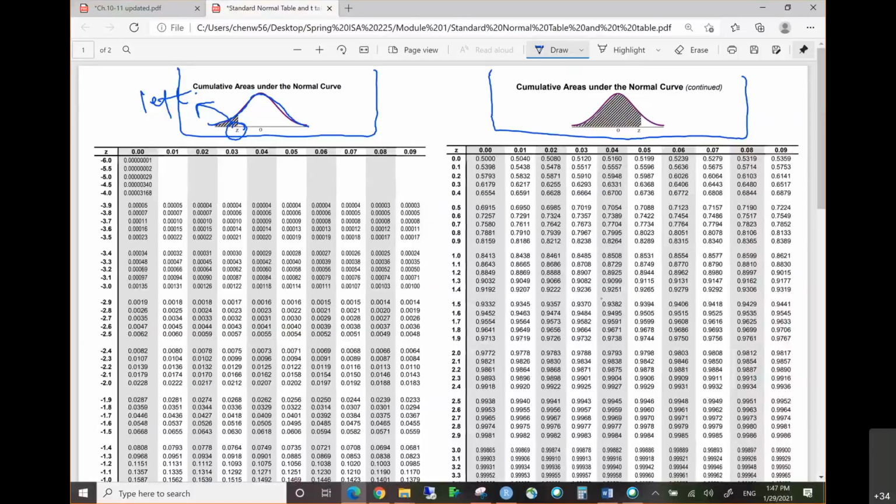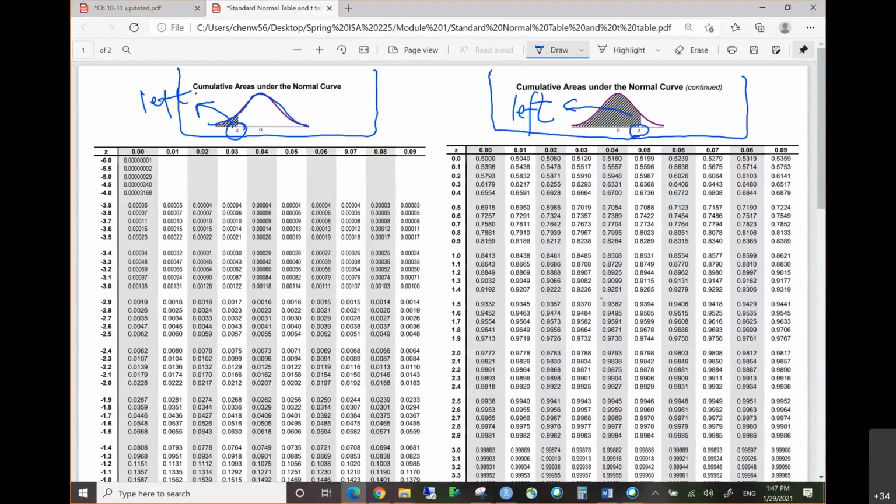Similarly, if your z is positive, to the right of 0, once you have the z, the standard normal table will tell you the probability to the left again. So it doesn't matter whether your z is negative or positive, this table tells you the probability to the left of your z, the probability that is less than your z.